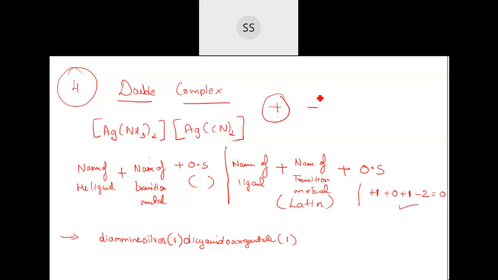Here the first one is positively charged and the second one is negatively charged. So the positive and the negative cancel each other. That is the reason why it's neutral.